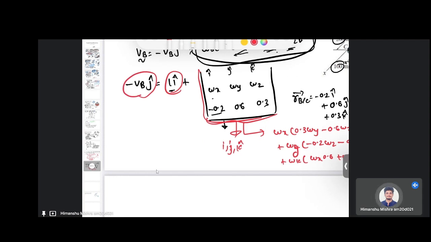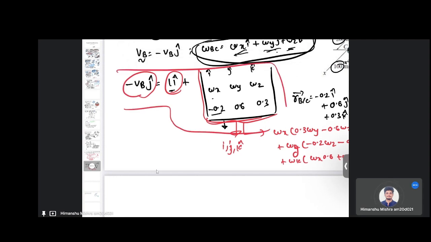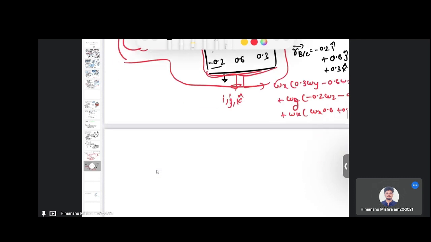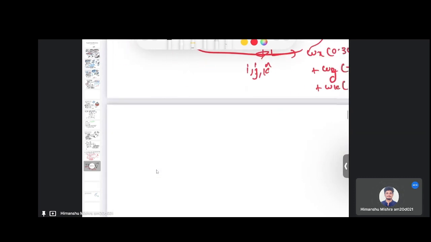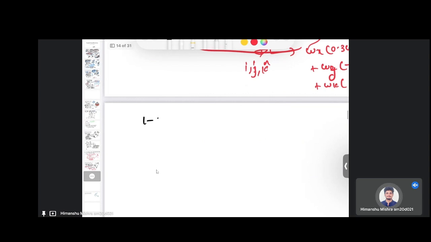So basically this vector equation, which has i, j, k components, you can actually split into three parts. One completely in the i direction, one completely in the j direction and one completely in the k direction. So this will be minus 0.3 omega y minus 0.6 omega z equal to 0.